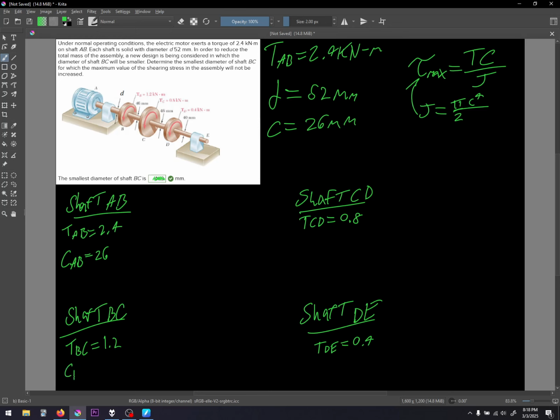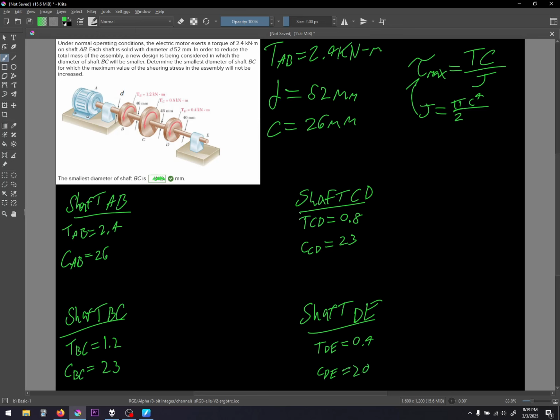And then CBC is 46 divided by 2, which is 23. CCD equals 23 as well, and then CDE is going to be half of 40, which is 20.